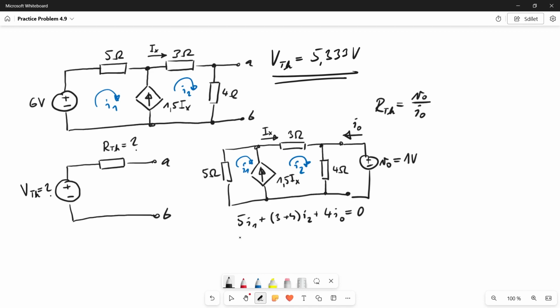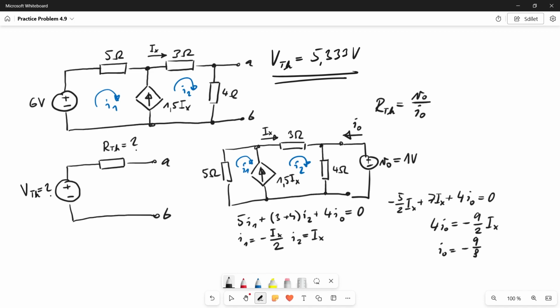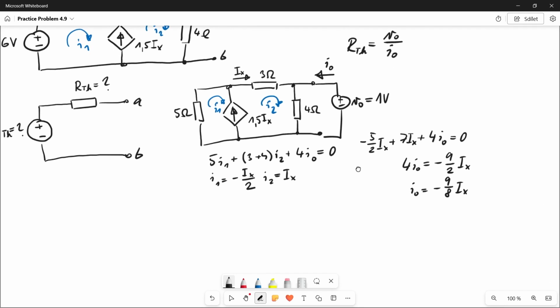Again, we know that current 1 is equal to half current x and current 2 equals current x. Now, if we substitute these equations into the first equation, we get that. Now we need one more equation.